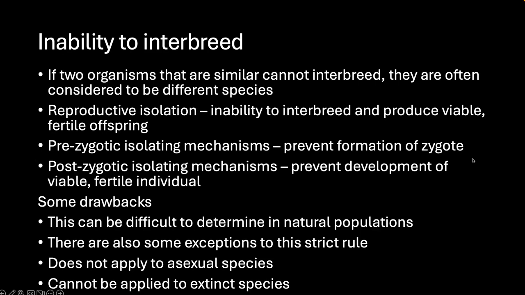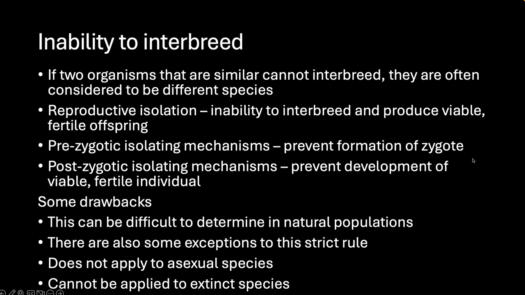But it's not perfect. Often, observing interbreeding or attempts at it are very difficult, especially in natural populations in hard to observe places, like the ocean. Additionally, some invertebrates, especially, can hybridize in ways that seem to be exceptions to this strict rule.